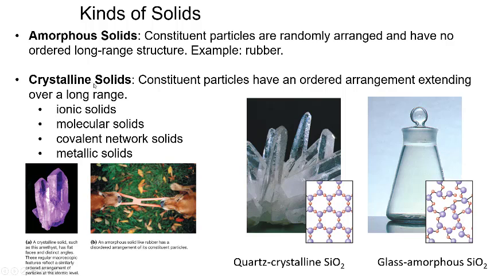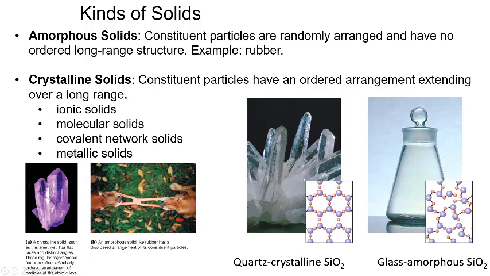Whereas crystalline solids are where the constituent particles have an ordered arrangement extending over a long range. Here we can see quartz crystal. Same formula, silicon dioxide, but you can see that this quartz has a very highly ordered structure that extends to its macrostructure, whereas the amorphous glass does not.